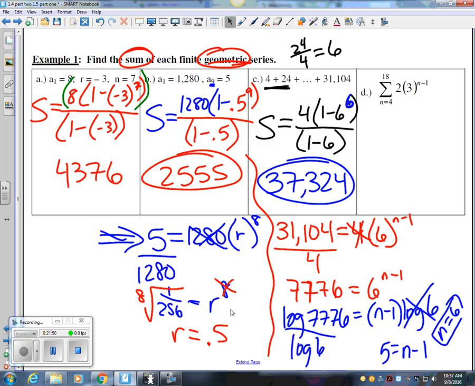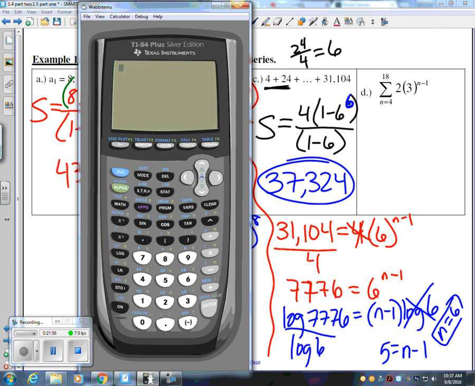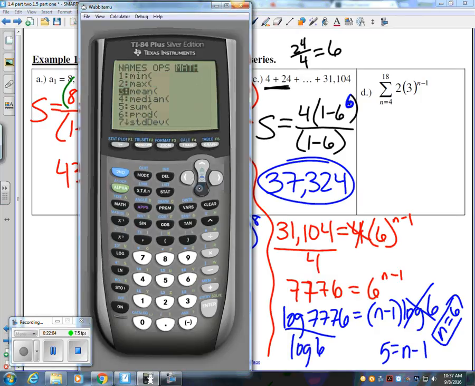All right, anybody have a guess on how we're going to do D? Yeah, we're going to put it in the calculator. All right, what do you think we're going to do in the calculator? Second stat, over to math, down to sum, second stat, OPS, down to sequence.